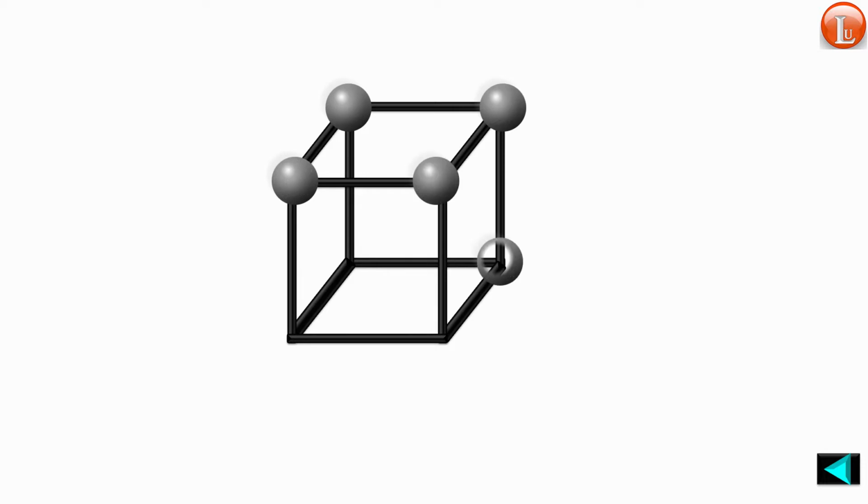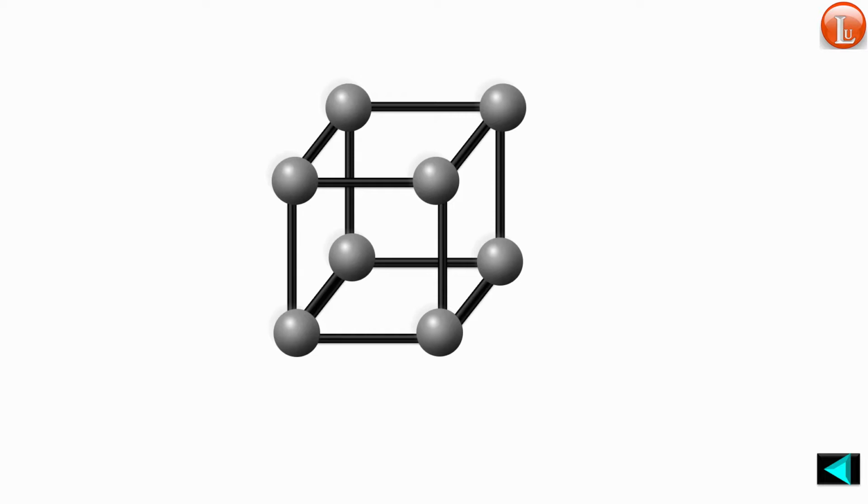So you got a cube and you got atoms there. As you notice, they're all present at the corners, and they're all the same type of atoms. So a primitive cubic unit cell is basically a unit cell in which all the corners are occupied by the same atoms, and these atoms are not found anywhere else in the cube.